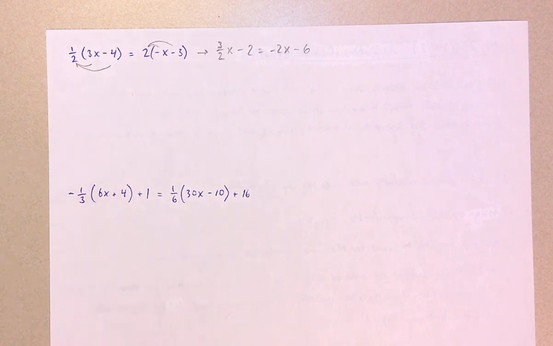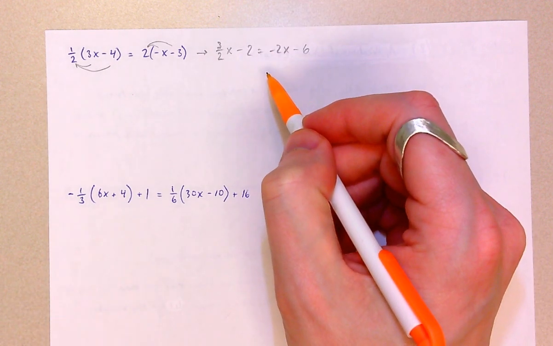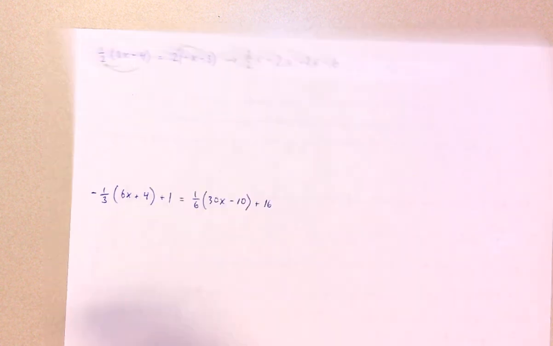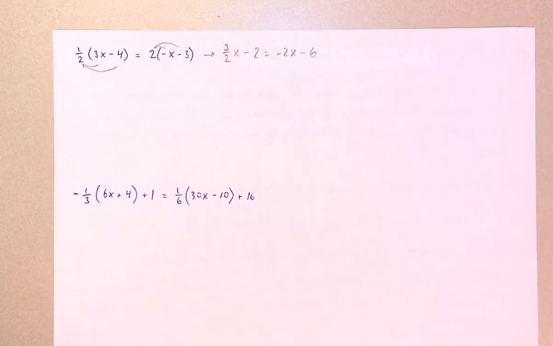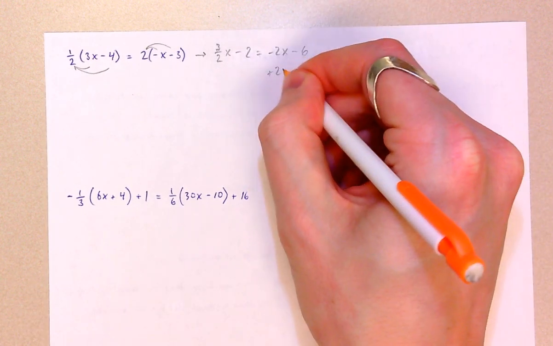Now, let's get all the x's onto one side and all the constants onto the other. This time, change it up just a little bit. I'll get the x's over on my left-hand side. So how am I going to do that? As you probably guessed, I'm going to add 2x.